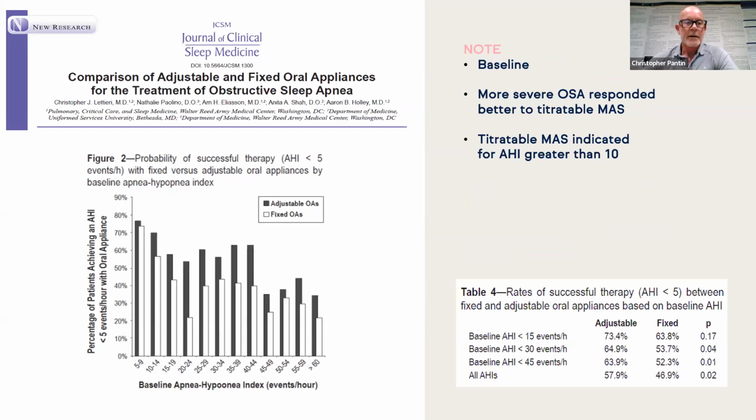So if we look at the AHI of 5 to 9, the very first bars on the very left, there wasn't that much difference between an adjustable appliance and a fixed appliance. But as the severity of the obstructive sleep apnea increased, it became more necessary.